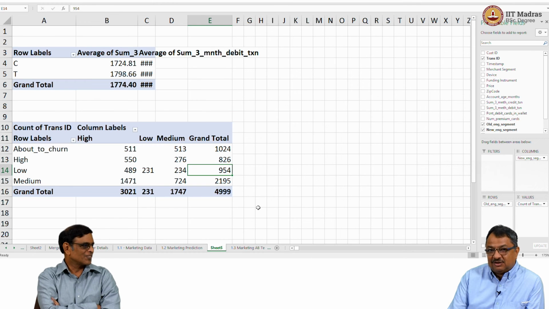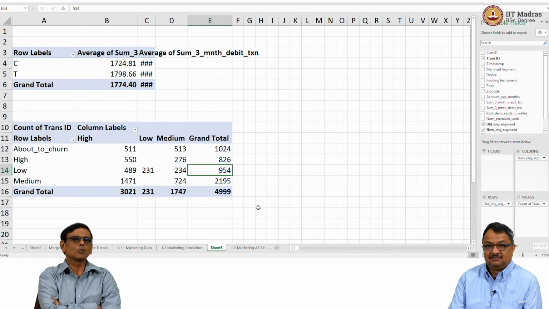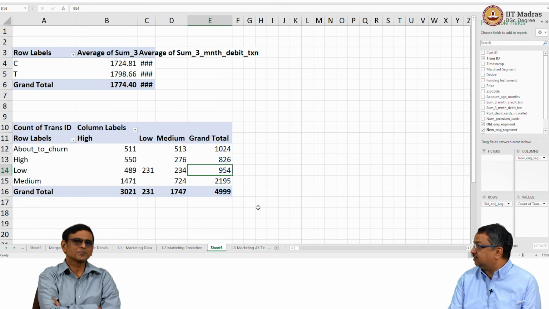Instead of looking at all these fine calculations, if you look at the gross picture, the total picture, we had about 1,000 high, 2,000 medium, 1,000 low, and 1,000 about to churn initially.